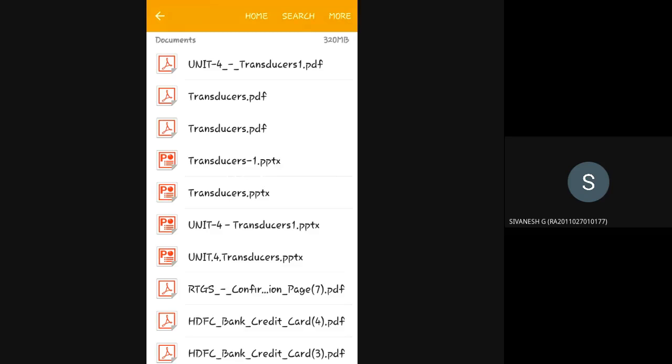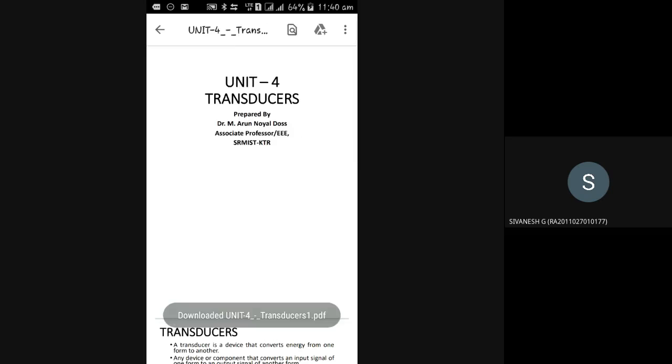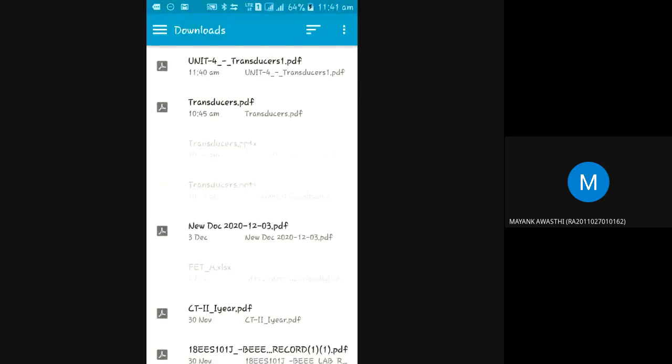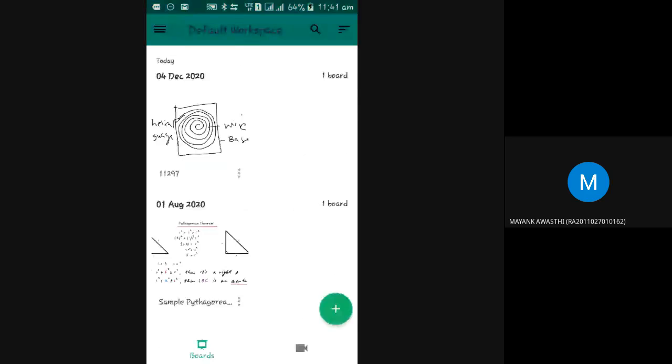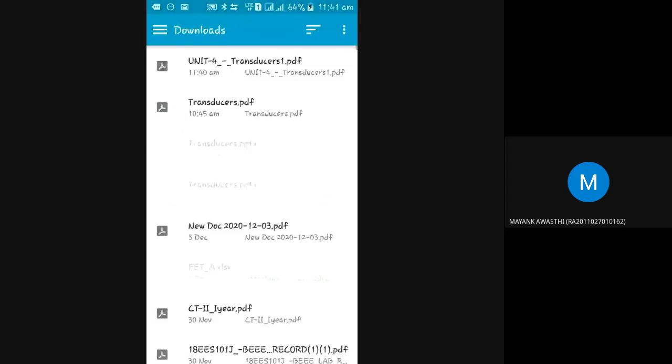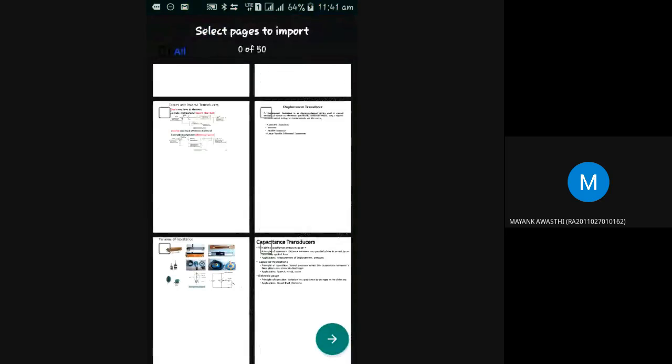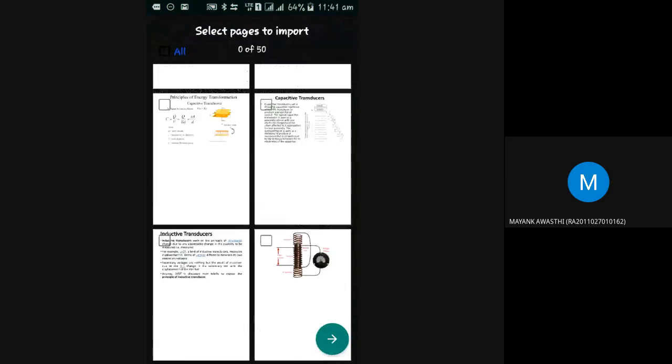And one more type of resistive transducer: potentiometer. Okay, next we'll discuss optical types of transducers.